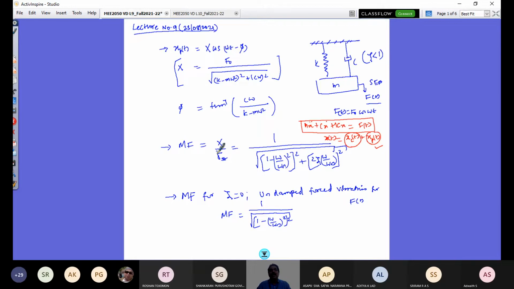It is essentially defined as the ratio of dynamic displacement to the static displacement of the vibratory system. When the zeta value is 0, that gives you the undamped forced vibrational magnification factor.